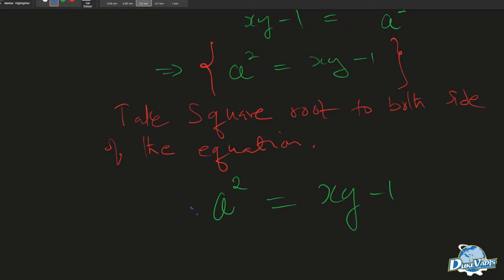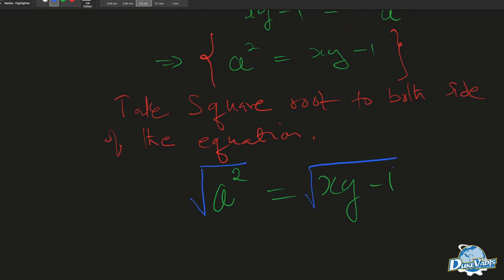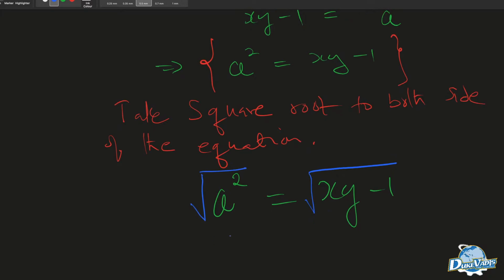So when I take the square root of this and I take the square root of that, I know the square root of A squared is A. Why is it so? Now let's see. We have A squared, and this one is xy minus 1, which you cannot do anything about.